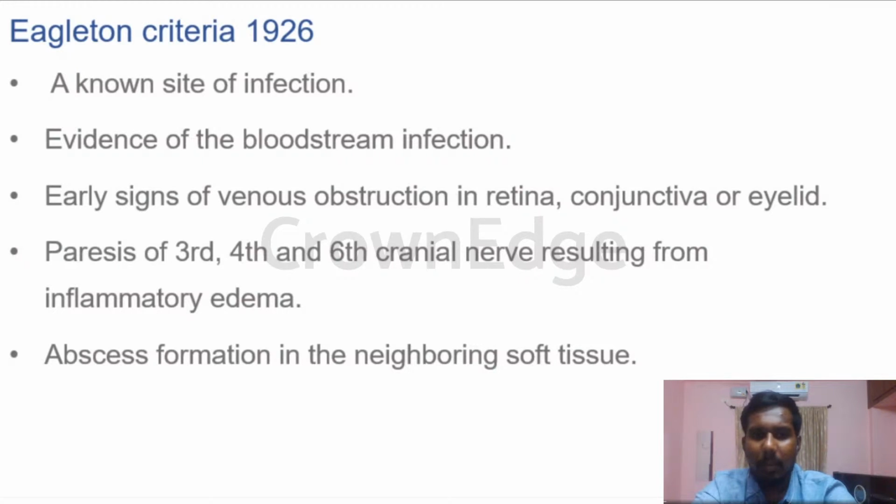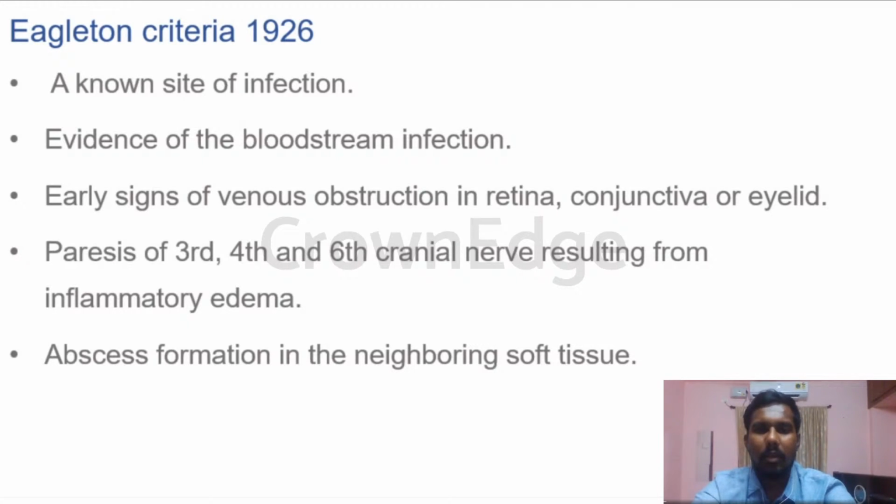Okay, so there will be some evidence of bloodstream infection, and there will be early signs of venous obstruction in the retina, conjunctiva, or eyelid. Okay, that is a cause for the proptosis of the eye. Okay, because of the venous obstruction in the retina, conjunctiva.